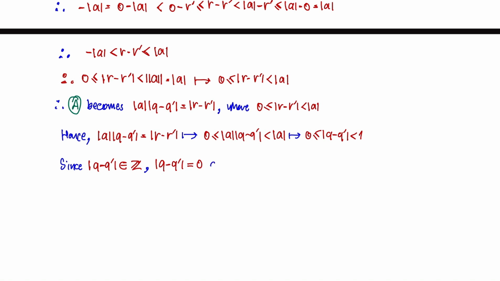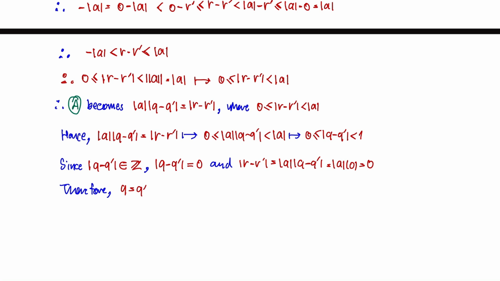Once Q minus Q prime is 0, what happened to R minus R prime? This one is now 0, so it turns out to be absolute value of A times 0, which is 0. Therefore, what do we have?